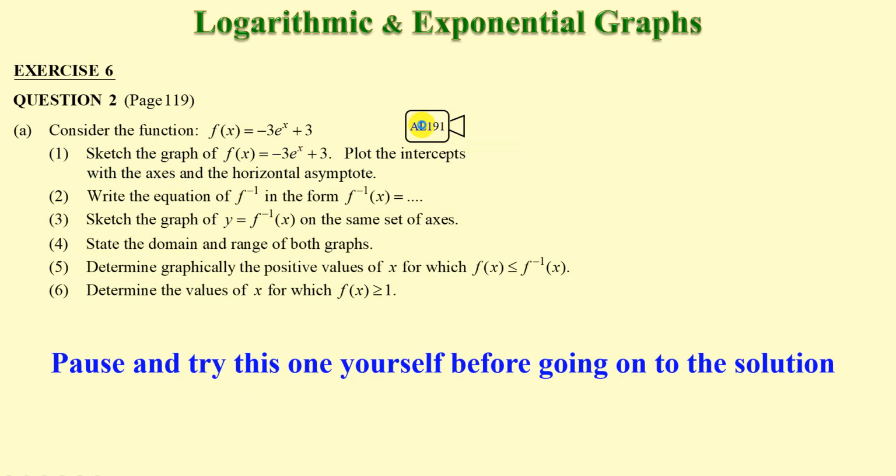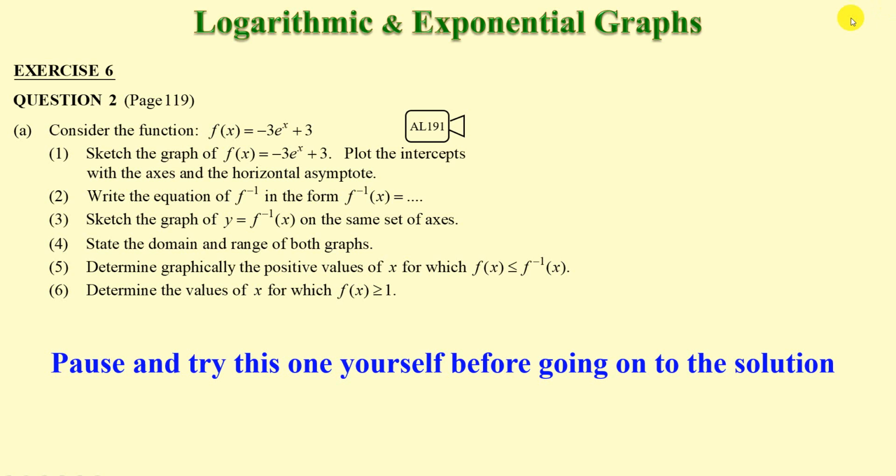You can refer to the mind board in the same way by clicking that one there. So pause it and try it yourself as far as possible. It does go through in steps, and it has hints along the way if you can't do it totally on your own.